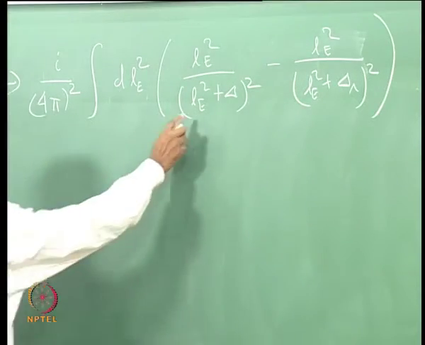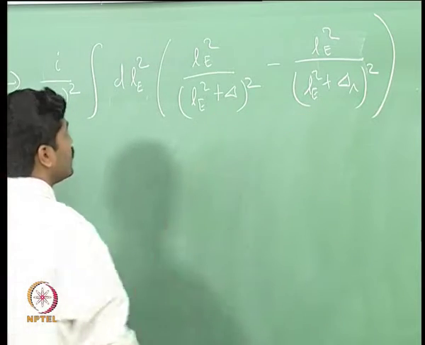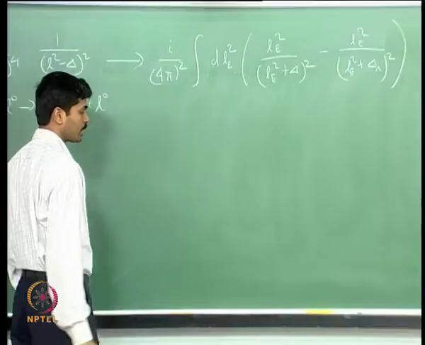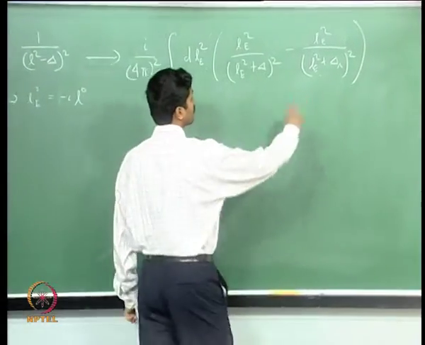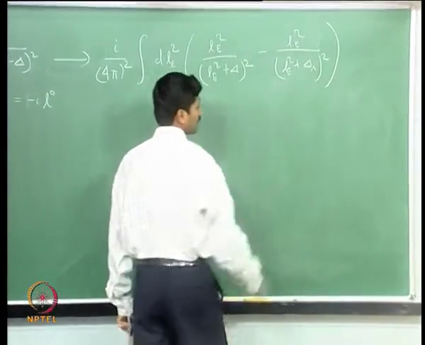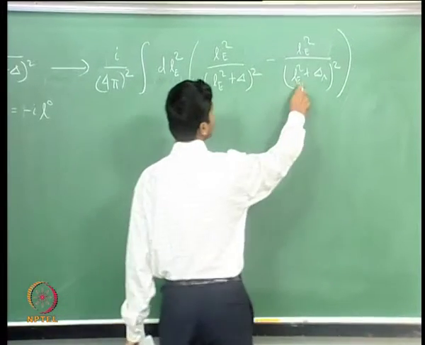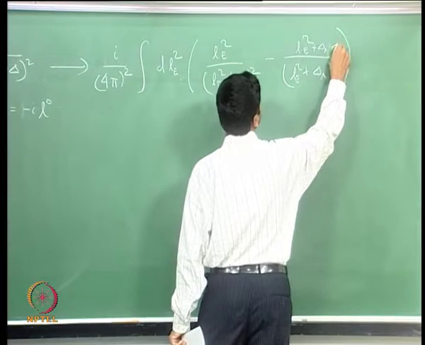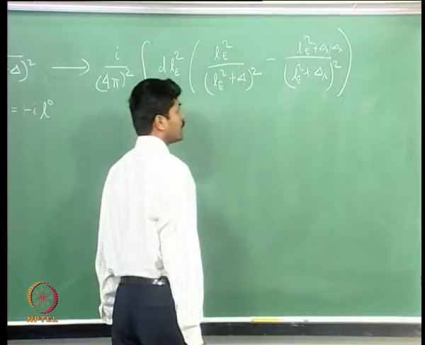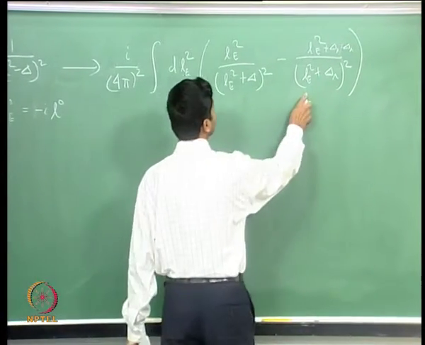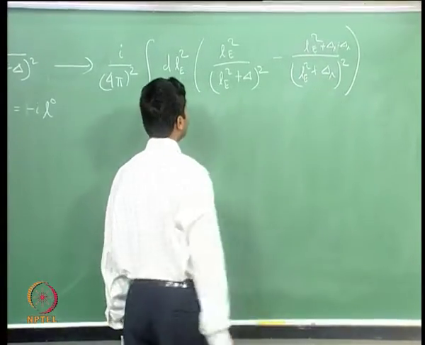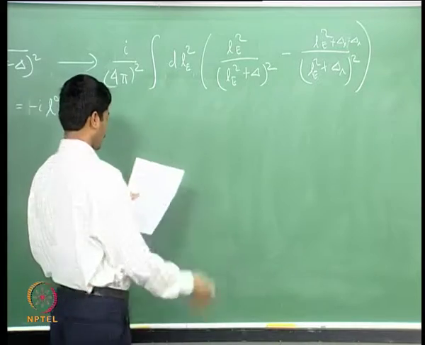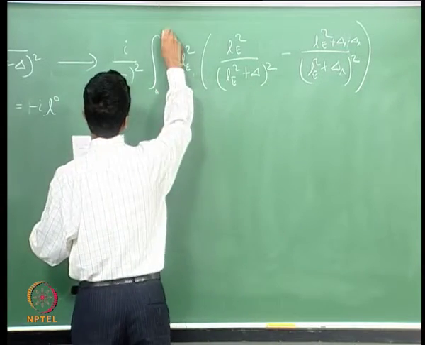You can see that when you perform this integration here, you will get a finite piece. I will not be interested in the finite piece, plus you will get a term which is logarithmically divergent. For example, you can write it as L e square plus delta lambda minus delta lambda. The first term will give you 1 over L e square plus delta lambda. When you integrate it over, this integration goes from 0 to infinity here.